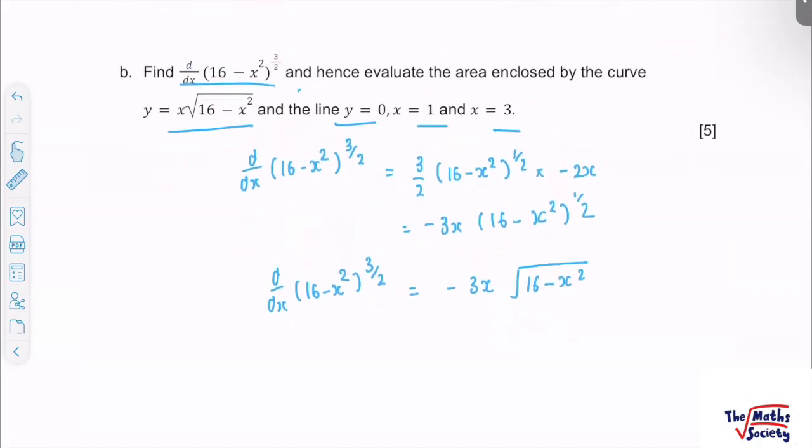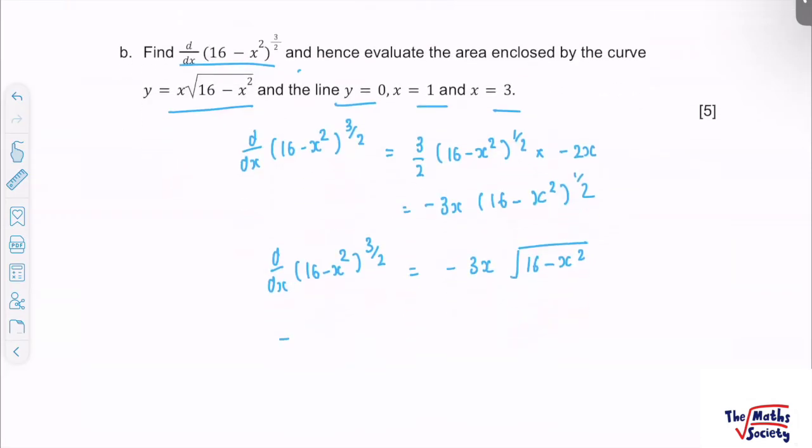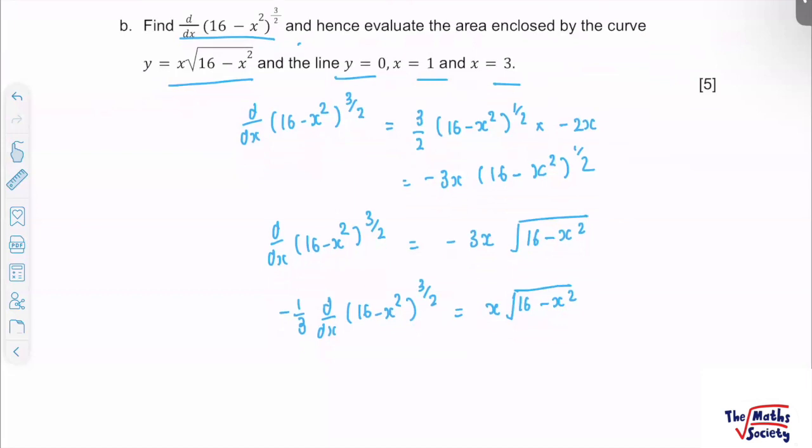Then you have minus 1 by 3, d by dx, 16 minus x squared over 3 by 2 equals x, 16 minus x squared. And we'll integrate 0, 1, and 3, so that's 1 to 3.